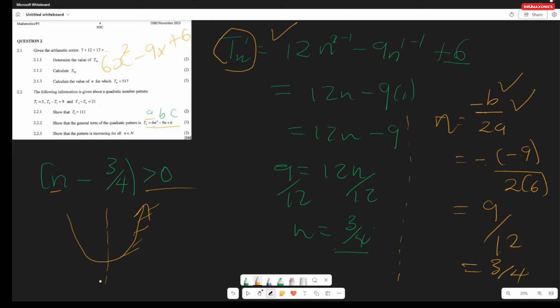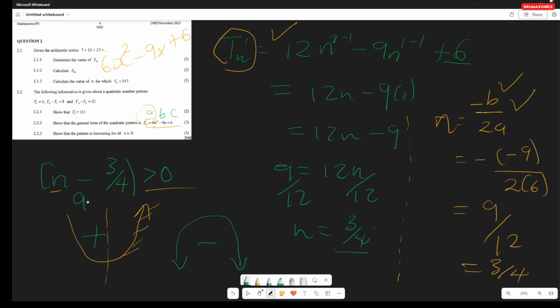And the reason why the graph is increasing is that if a is positive, that means that the graph is increasing. And then if a is negative, then that means that we are going to get a decreasing graph. So this is positive, and then this is negative.